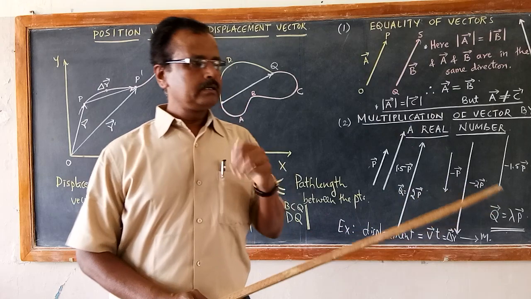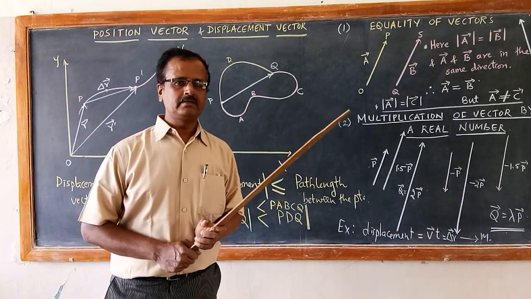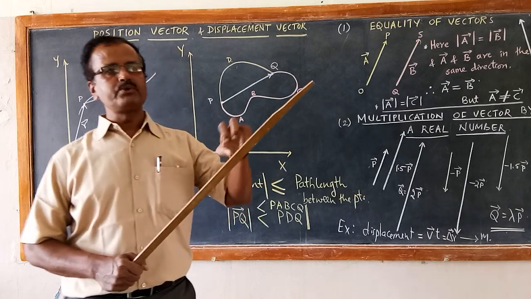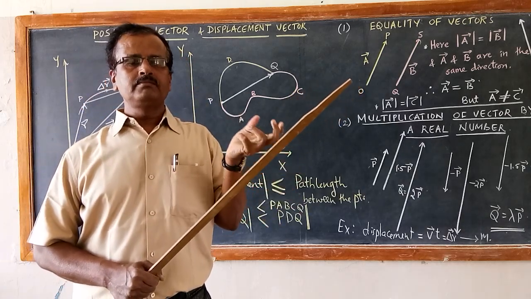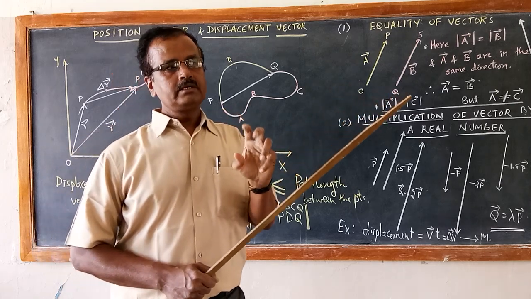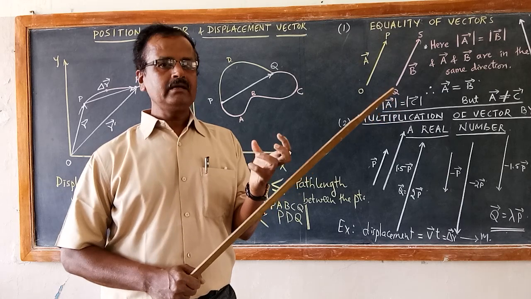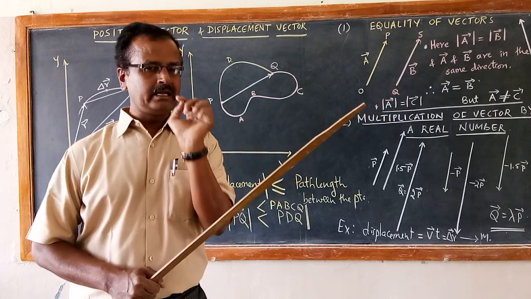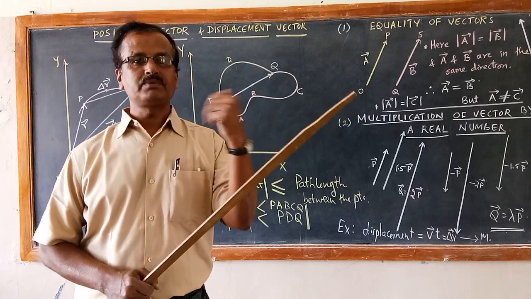For example, we have studied in the previous topic that when a body is moving with constant velocity, if the time taken is t, then if we multiply t with the constant velocity, we get the displacement.